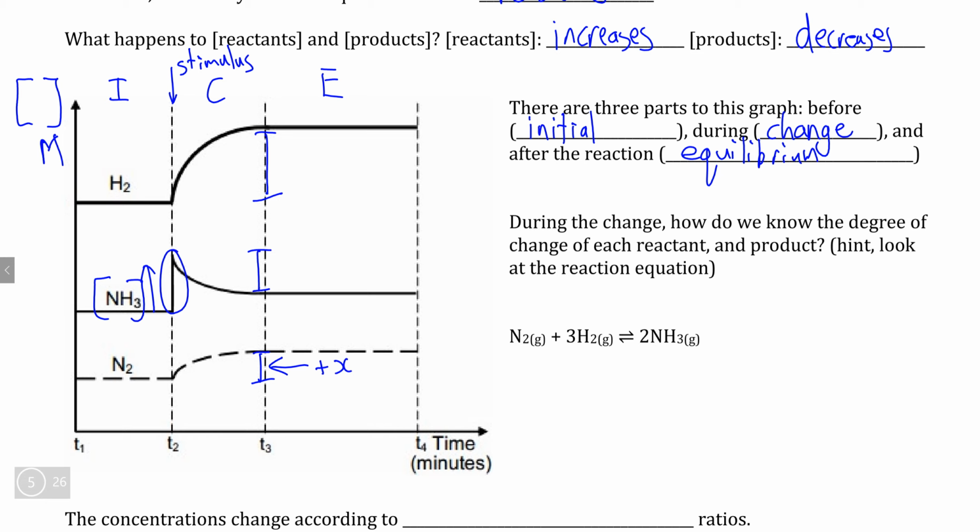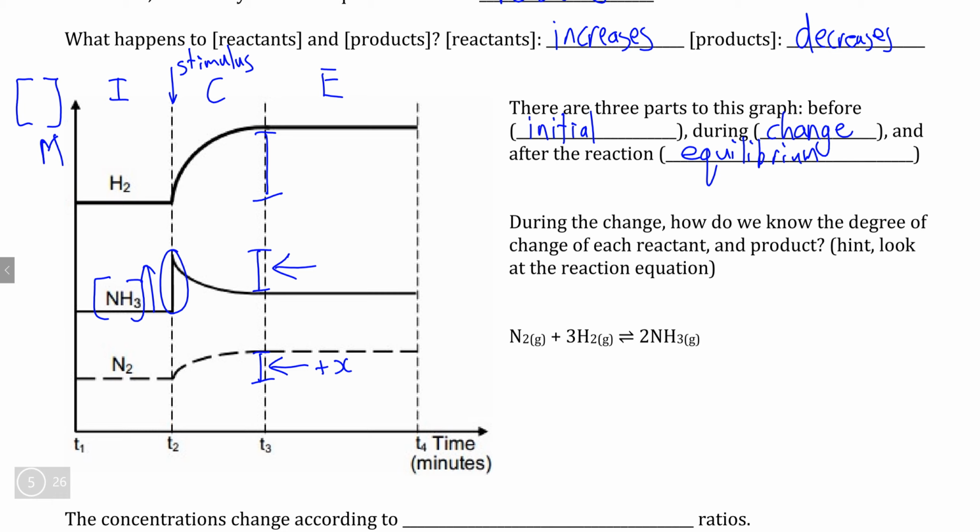Now, if we look here, we see that the magnitude of change of ammonia and hydrogen gas is much greater than X, and that these ratios actually occur relatively regularly. If we look at the magnitude of change for ammonia, we see that it is about double the magnitude of change of nitrogen gas, but that it's a decrease instead.